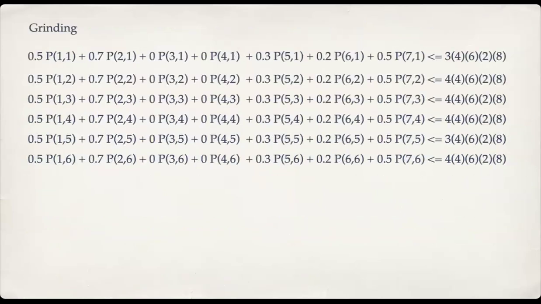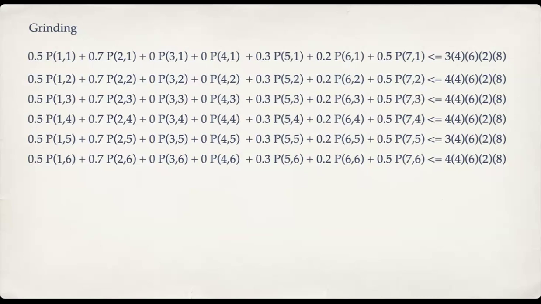It's a constraint on grinding. For grinding, on the left-hand side is the amount of time, in hours, required to produce product 1 to 7.